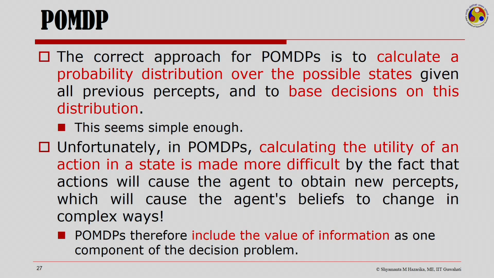This will again change the agent's belief in complex ways, and therefore we can see that partially observable Markov decision problems include the value of information, which we discussed when we were talking of reasoning under uncertainty, as a component of the decision problem.